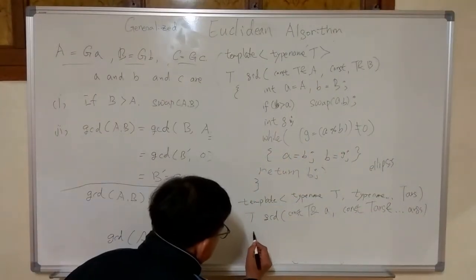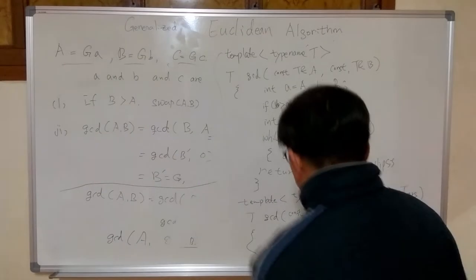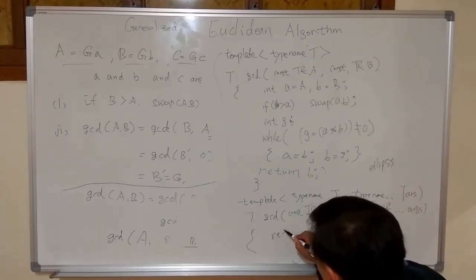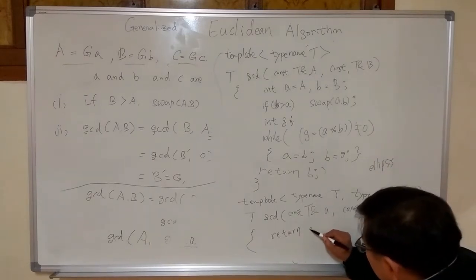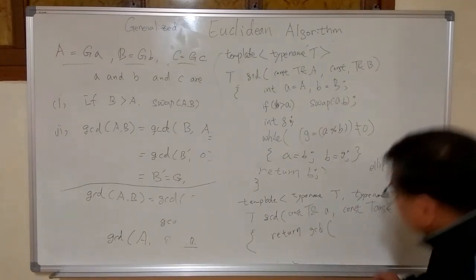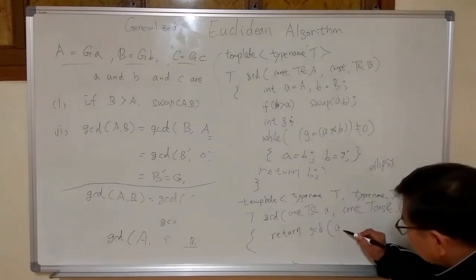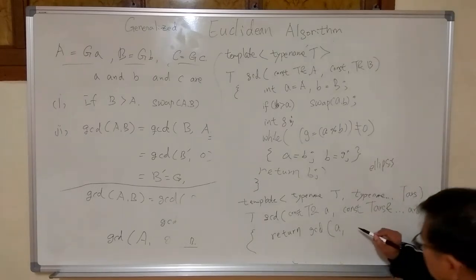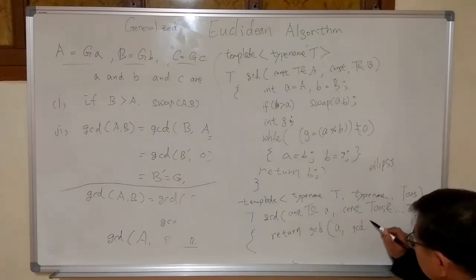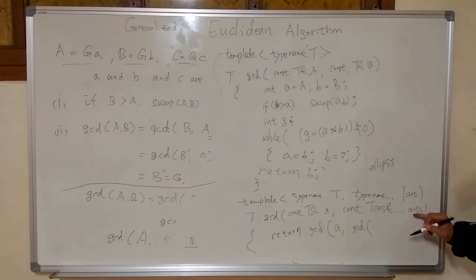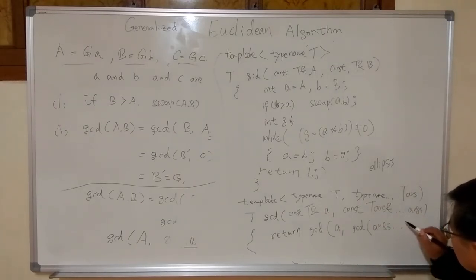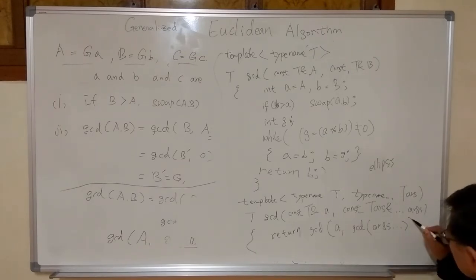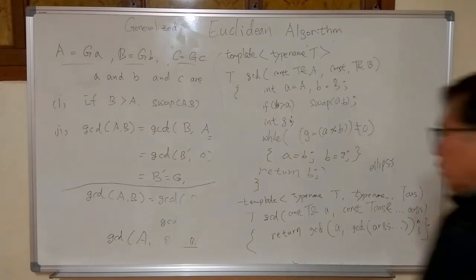Then here, it's very simple. Return GCD, here A, and GCD of this one, ARGS, three dots. This is simple.